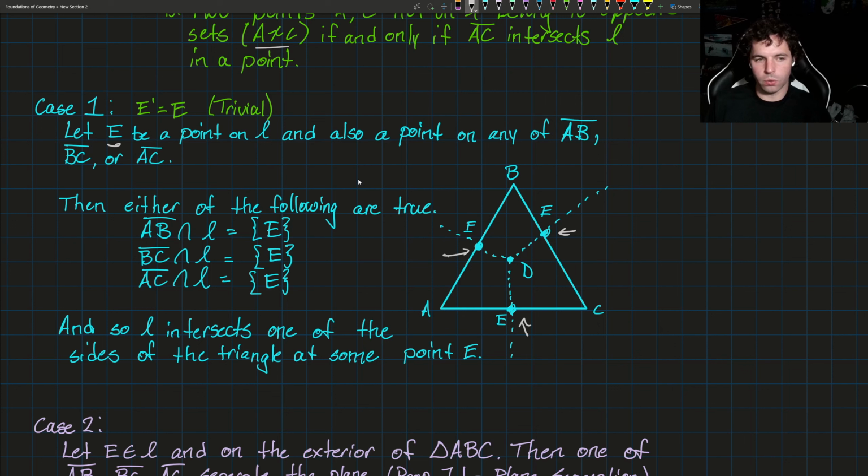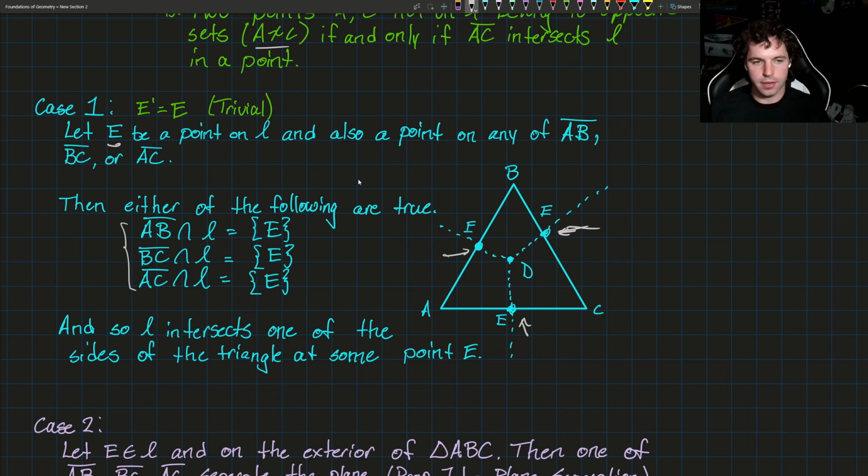Then one of these 3 things can happen. So on the left, if E is on AB, AB intersect L is just E. If E is on BC, then BC intersect L is just E, so that'd be this one over here.